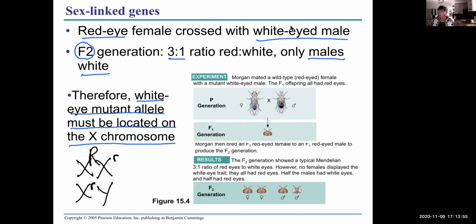They aren't homologous in that way, so it will be expressed. In this case, it will not be expressed because the dominant allele is there.